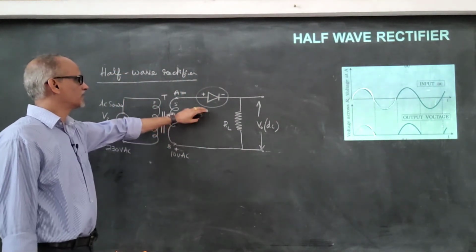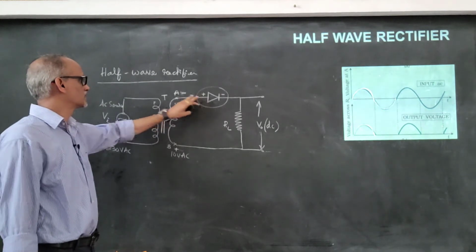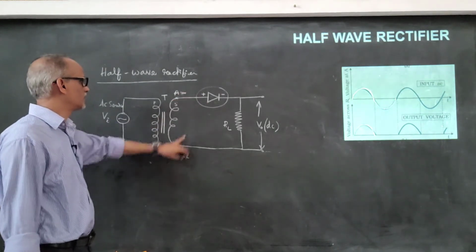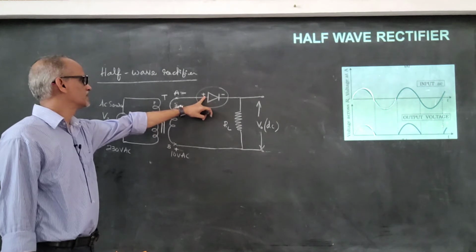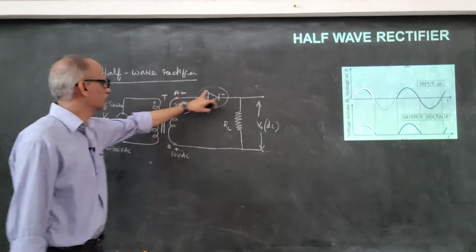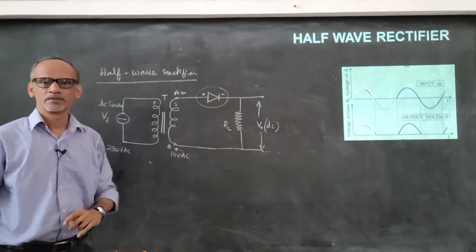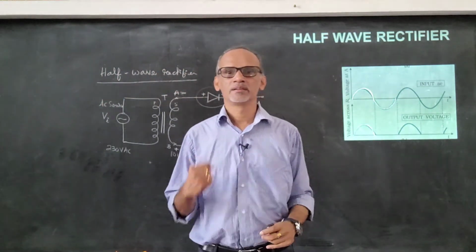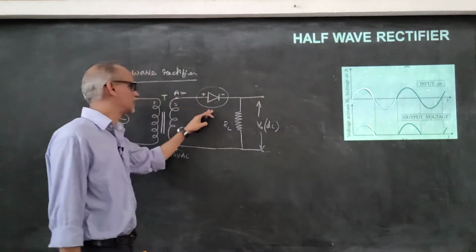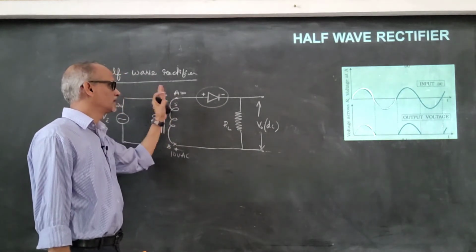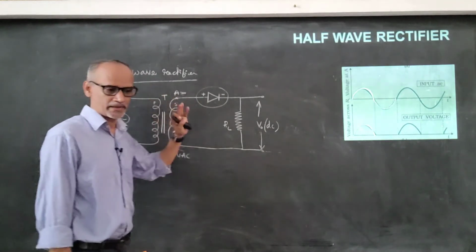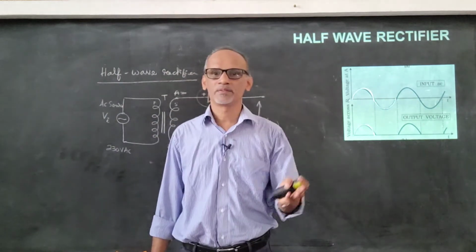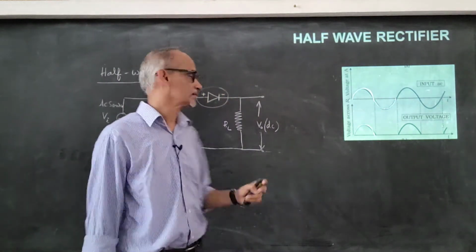Now if you see the polarity of the diode with respect to A and then B, the positive is now connected to the negative and the negative is connected to the positive. So in which bias is the diode? Right now the diode is in reverse bias, and we know that it has a unidirectional property. It conducts only when the diode is in forward bias, so therefore it doesn't conduct.